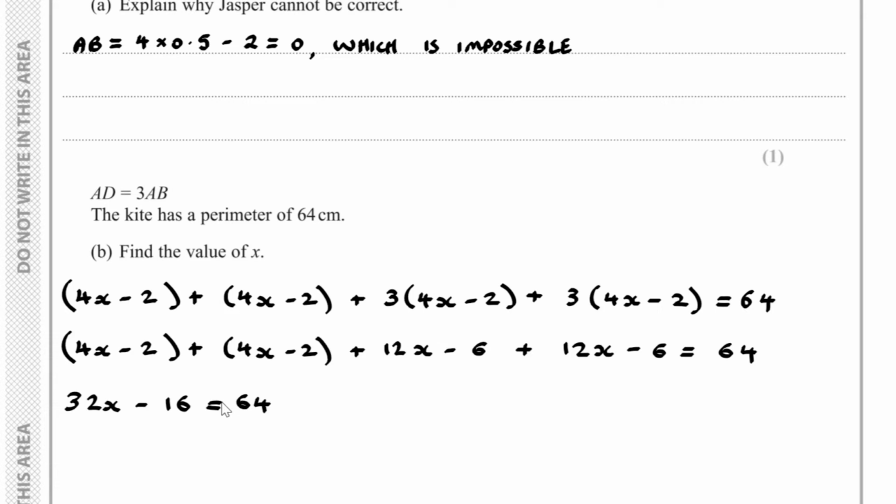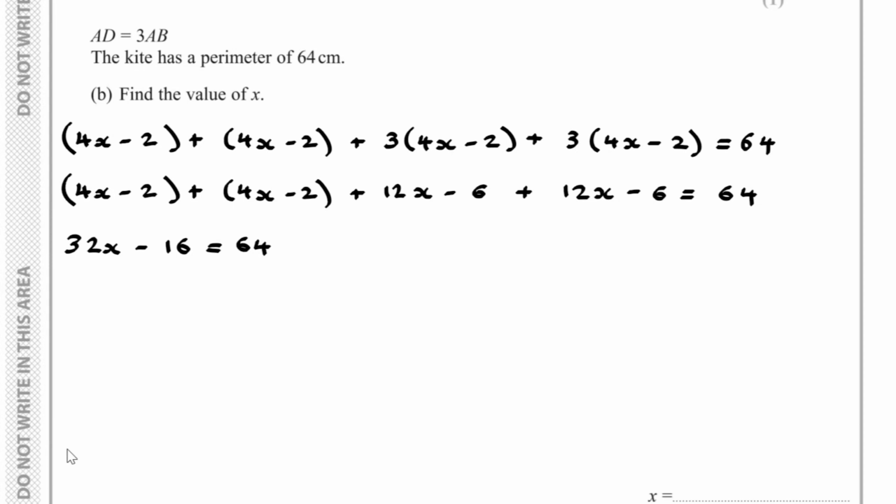So, if I continue to work out what this is, if I add 16 to both sides, then 64 plus 16, that's 80, so I get 32x equals 80.